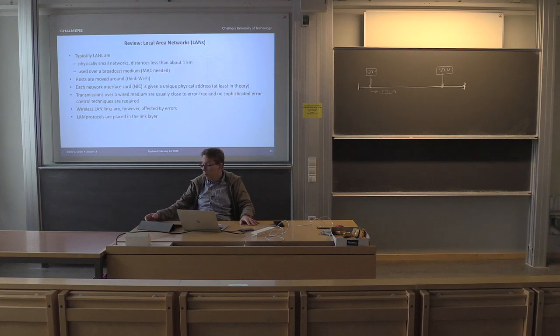So the first practical system we will look at is different LAN methods. So what is a LAN? LAN stands for local area network. And if you remember at the beginning of the course, we said that these are physically small networks. Distances maybe up to a kilometer or so, where we typically use a broadcast medium. So then we need medium access control.